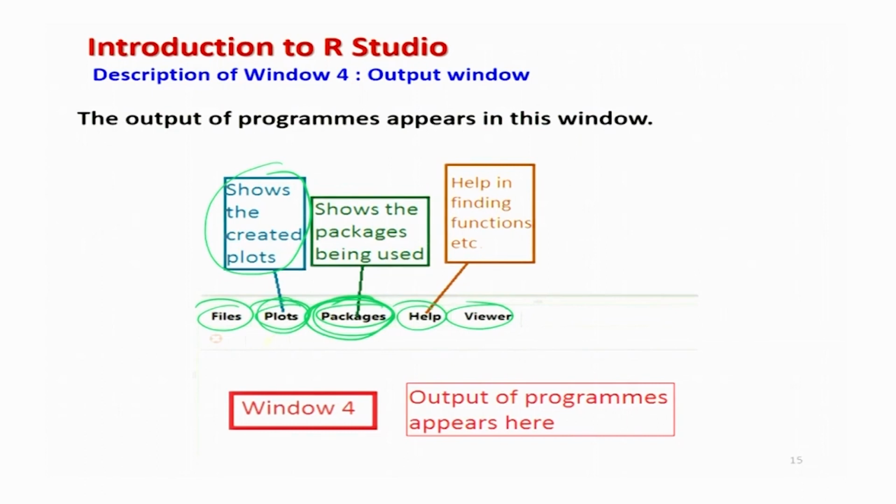You simply have to make a checkbox inside a box. You have to simply make this mark inside a box, and the package will be loaded, instead of using the function install.packages. And then there is here help, and then here viewer, if you want to view those graphics and other things. Right. So basically the output of these programs appears here.